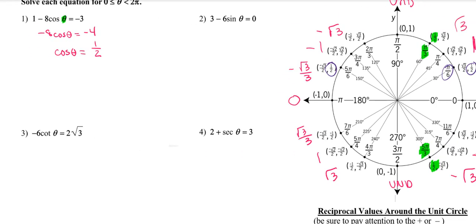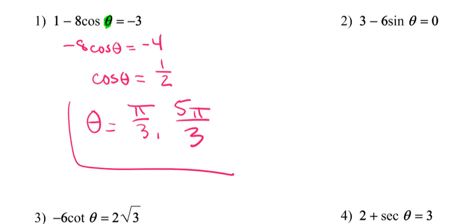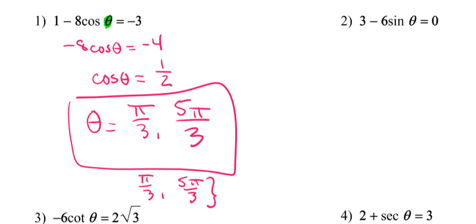So when I go to write my answer for that, I would say theta equals pi over 3 and 5 pi over 3. Now some textbooks might write theta equals, instead of an equal sign, they'll just use the brace for it. So another way you could write this is pi over 3 and then 5 pi over 3 with a little brace around it. Either way, you're okay.